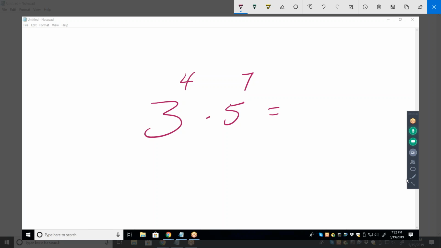That'd be... Nope, you can't do anything with it. Why? Because it's a different base. Oh, okay. These rules only apply when you have the same base.